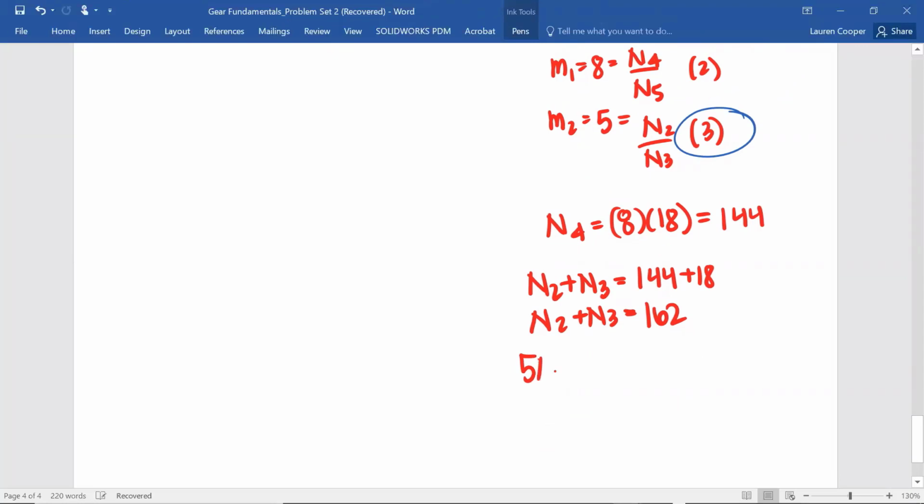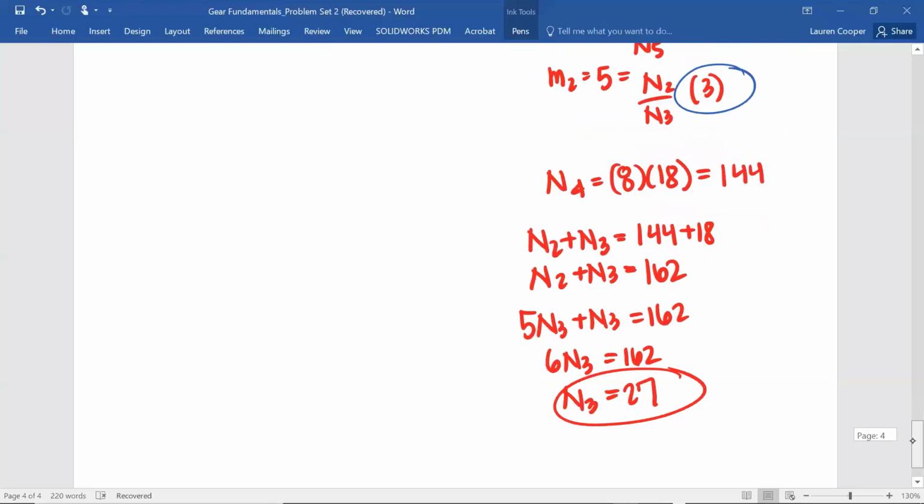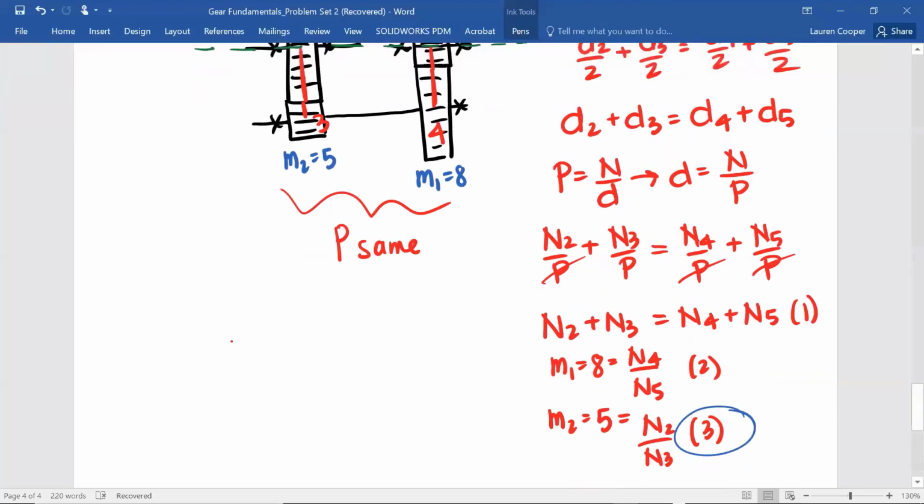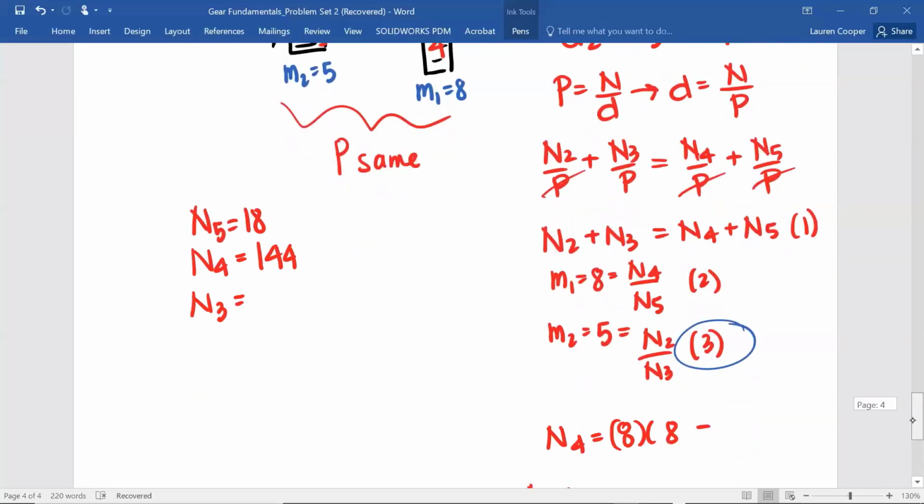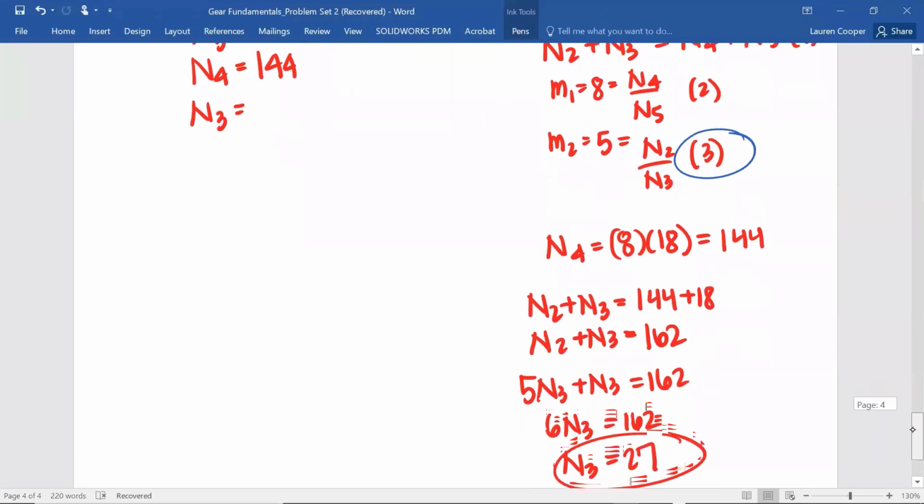N2 is 5N3, so 5N3 plus N3 equals 162. 6N3 equals 162. Now let's hope that 162 divided by 6 is an integer. And it is. It's 27. Good. So we only had to do one iteration there. So we got N5 equals 18. N4 is 144. N3 equals 27.